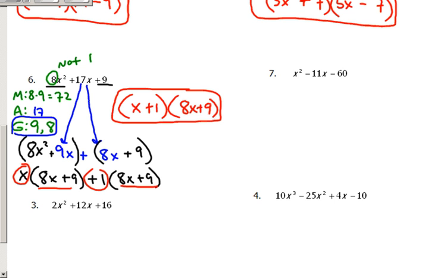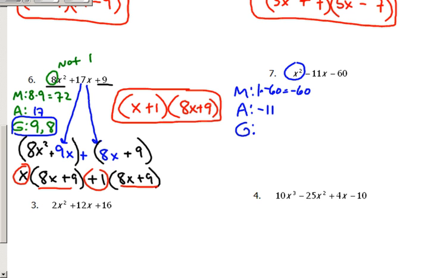Again, we only split the middle because we had a number that wasn't 1 in front of x squared. Well, here, number 7, you see we have that. That's a 1x squared. So I count 1, 2, 3 terms, so MAG. My M is going to be 1 times negative 60, which is negative 60. My A is negative 11. So the numbers that multiply to negative 60 and add to negative 11, we can find those by looking in your calculator, messing around that way, looking at your book.